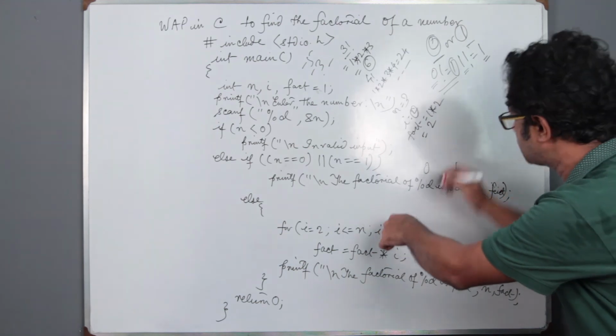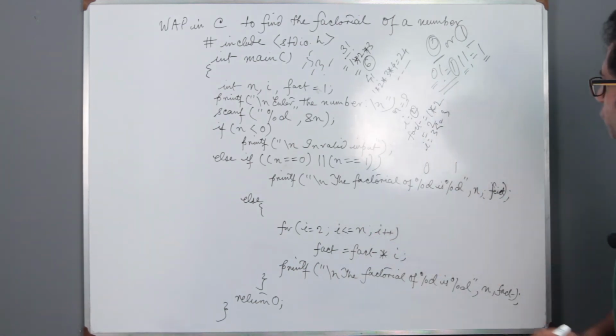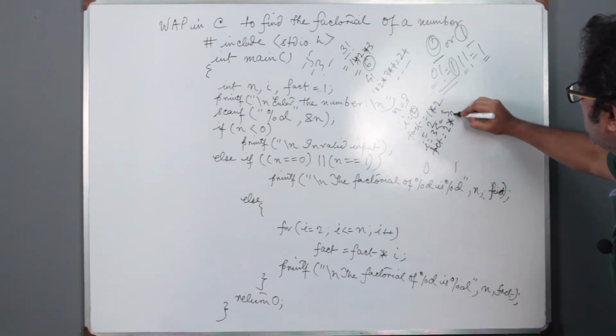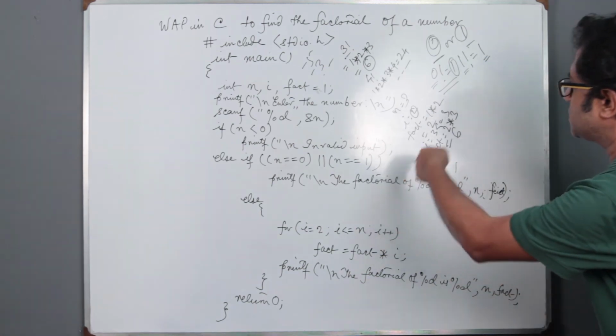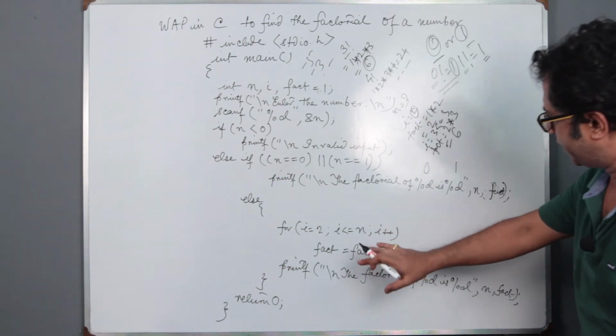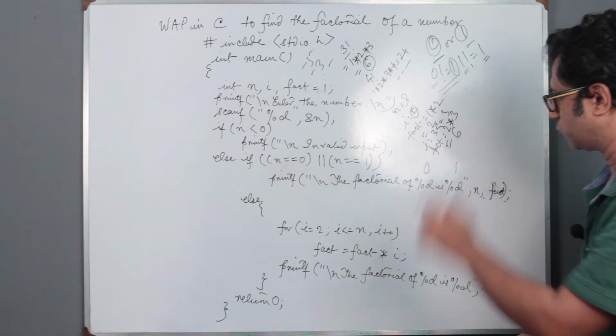Then i plus plus, i becomes 3, so 3 is definitely less than or equal to 3, so then fact becomes 2 star 3, that is 6. Then i becomes 4, and then we go out of the loop because 4 is greater than 3 and it is not less than or equal to 3.